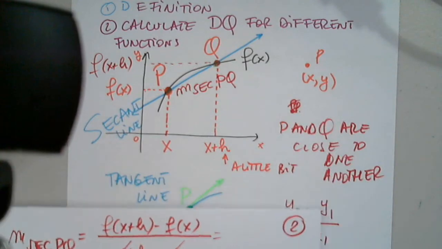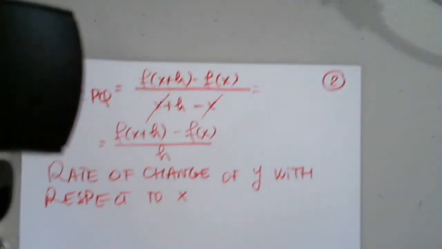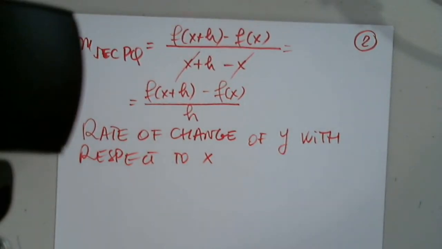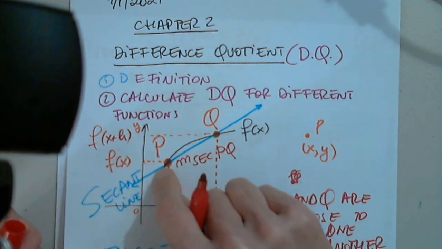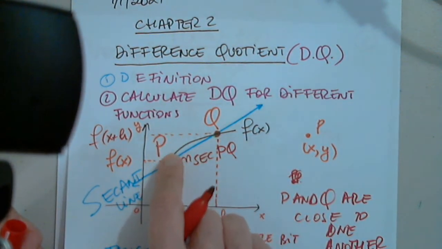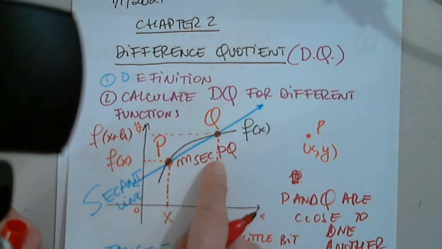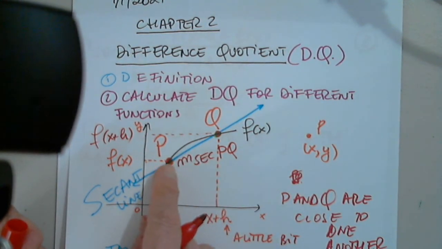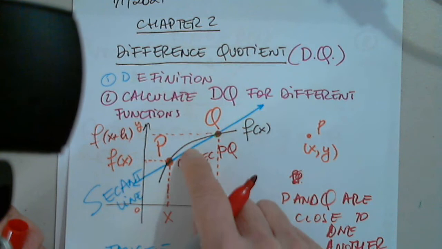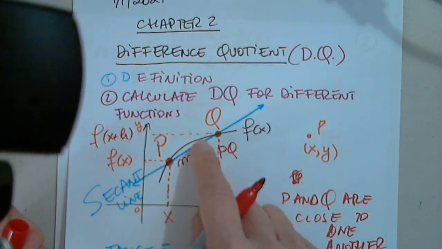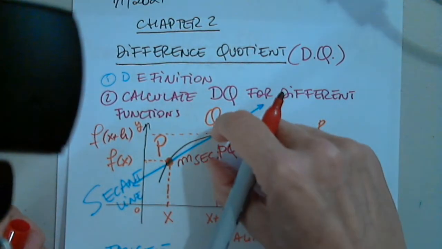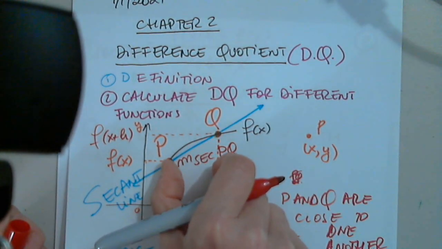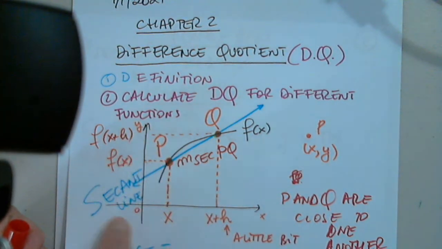What does the rate of change mean? How fast y changes when we make a change in x. So if I go this way 1 mile, how much do I go up? If I go this way 2 miles, how much do I go up? Rise over run. The rate of change of function y with respect to x.